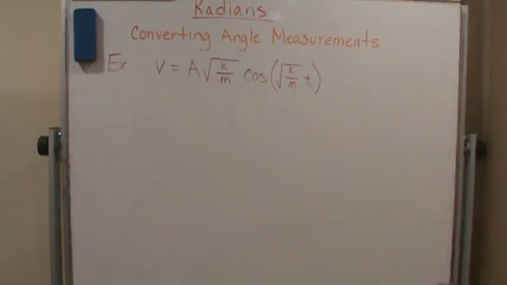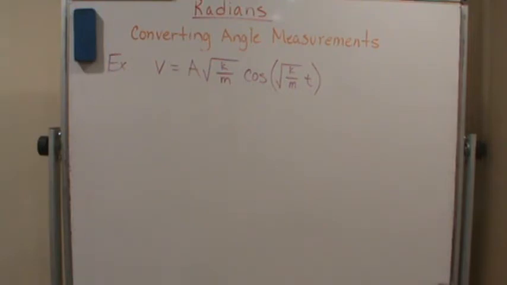It says, find the velocity of the object after 0.100 seconds of a 36.0 gram object at the end of a spring which has a spring constant of 400 grams per second squared if A is 5.00 centimeters. So in this case, the object is being measured in grams.